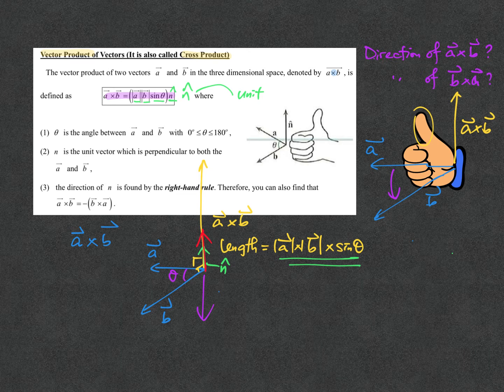On the contrary, if you ask for B cross A vector, it will be opposite to the direction of the yellow one, and this is called B cross A vector. So make use of your thumb, and see how your fingers turn anti-clockwise, following the direction of A vector to B vector. Then the position of the thumb will tell you the direction of A cross B vector.